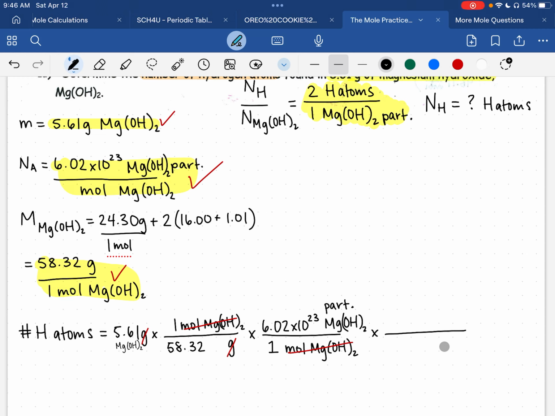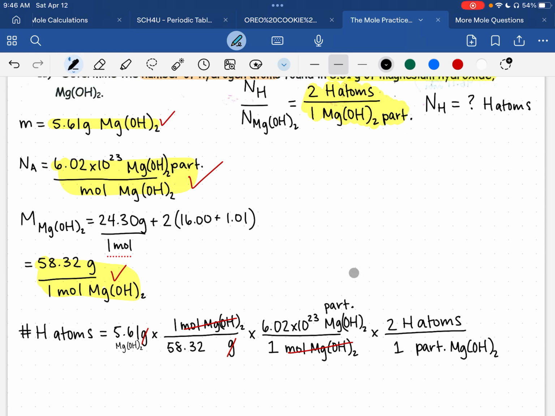Particles of Mg(OH)2. And that's 2 hydrogen atoms. Sorry, my mouse is messing up. 2 hydrogen atoms per 1 mole. Or sorry, per 1 particle. So this is our numerator, the 2 hydrogen atoms per 1 particle of magnesium hydroxide.